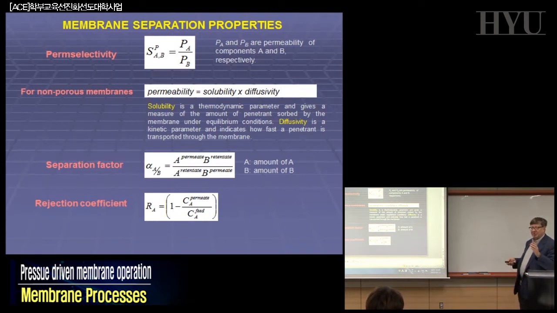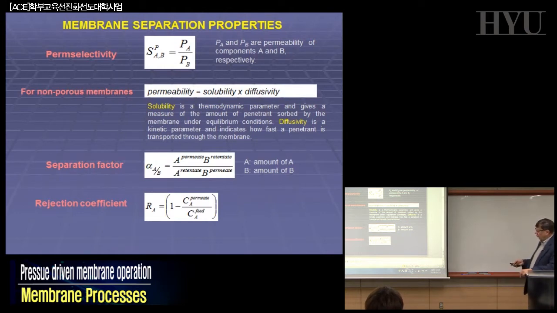So when you are speaking about membranes and give some selectivity, you have to know if you are using the rejection coefficient, which is this definition. If you are talking about separation factor, it is another one. You cannot move the numbers from one definition to the other because the numbers will be different.